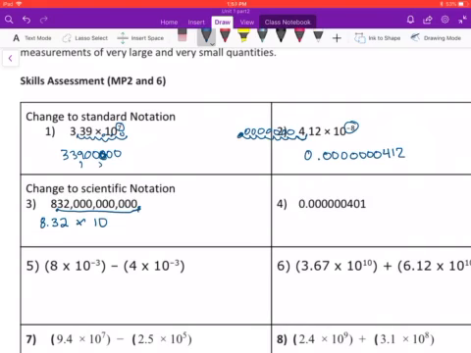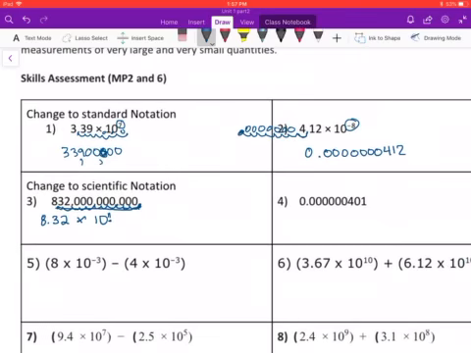So to do that, it would be 3 spots, 6 spots, 9 spots, 10, 11 spots is how many I moved it. So I just loop it over 1, 2, 3, 4, 5, 6, 7, 8, 9, 10, 11, and that's where the 11 comes from. Again, really big number, it's positive.